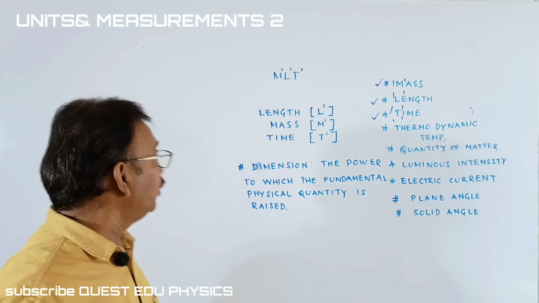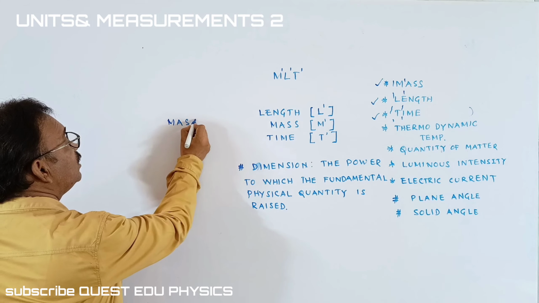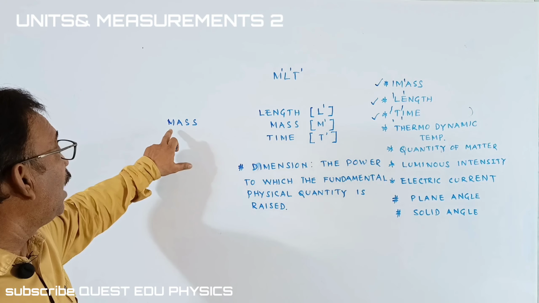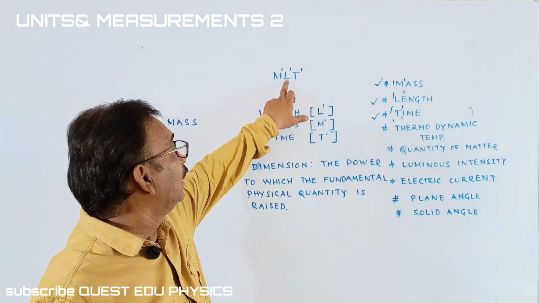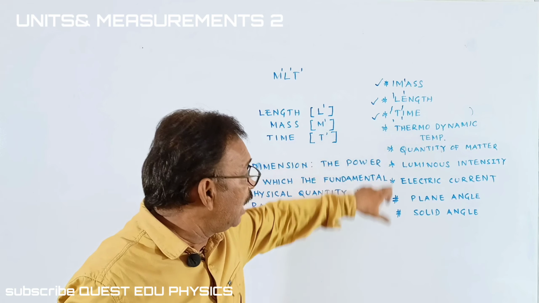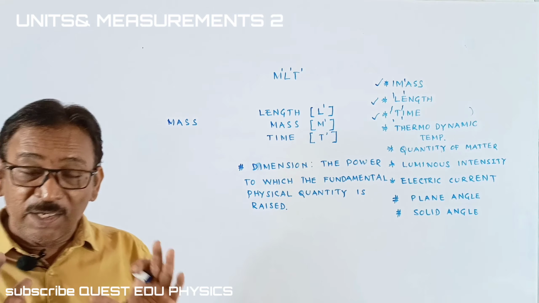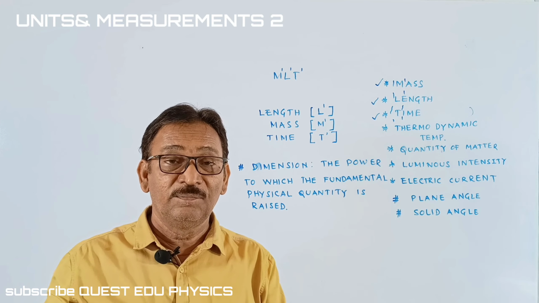For example, take mass. Mass is a fundamental physical quantity, students. Mass doesn't depend upon any other physical quantity like length, time, or thermodynamic temperature. What does it mean? The mass remains constant everywhere.